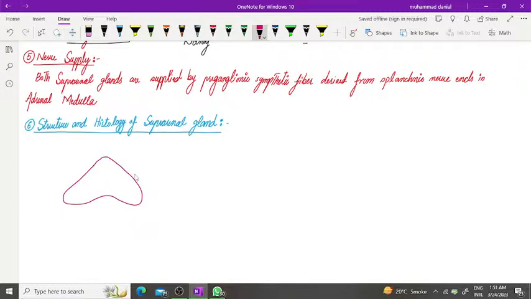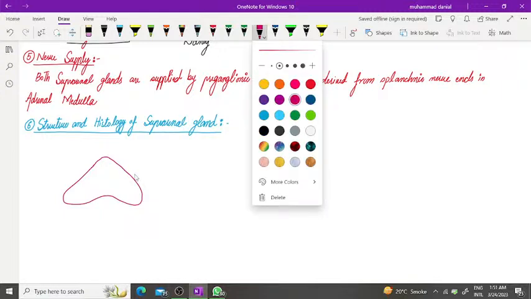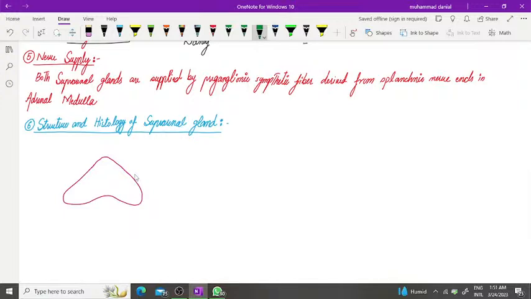This is the adrenal gland, and it is normally enclosed by a capsule, which is present around the adrenal gland. This is the capsule of adrenal gland.